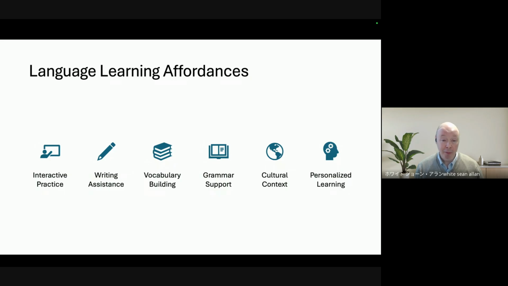Vocabulary building, grammar support, cultural context, great about basic questions, although the same kinds of issues you have with the internet, but also with large language models, of potential biases, right? Stereotypes, things like that. And then personalized learning.